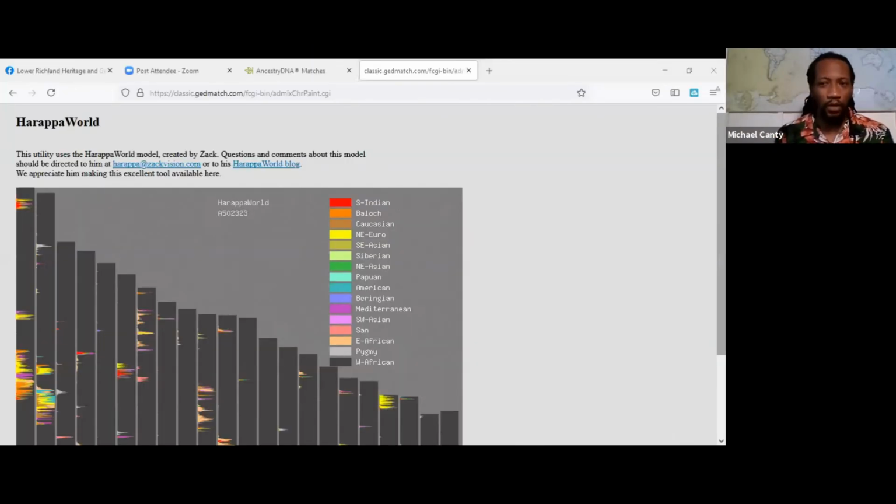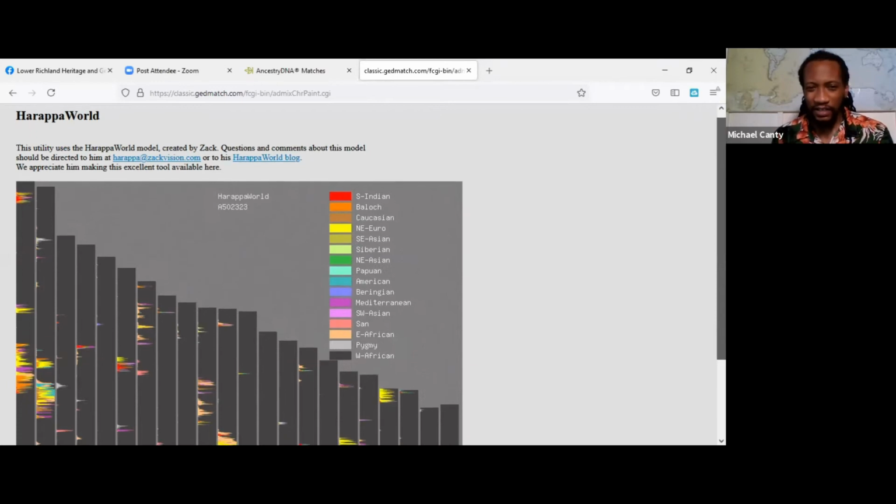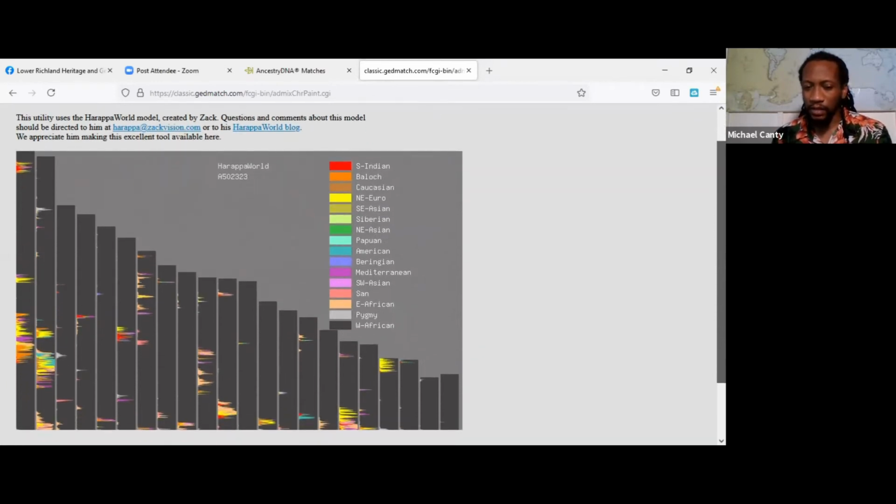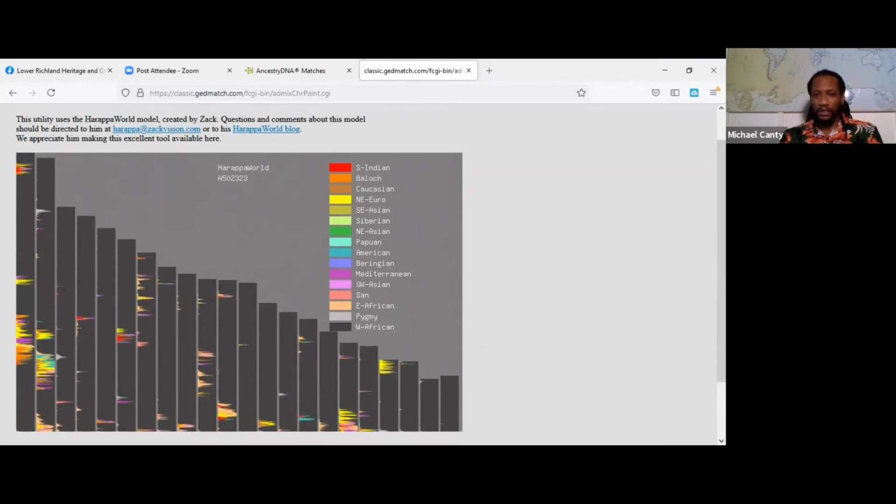Now, this is what I know of DNA paintings, chromosome painting, which I think I just thought was just another way of looking at your chromosomes and what inheritance you have on each chromosome. So you can see the colors there. Majority is like gray color, West African.